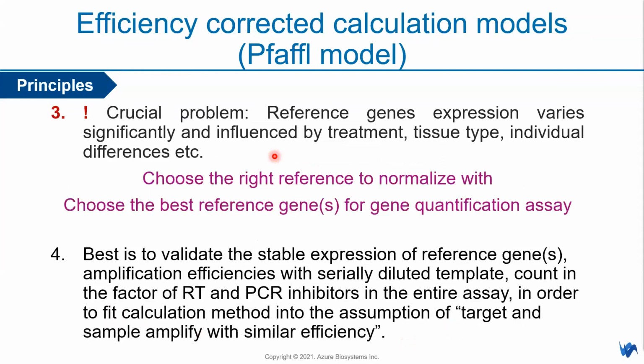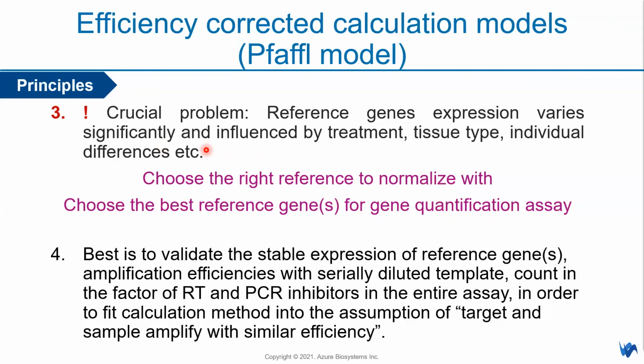One very crucial problem of the efficiency corrected calculation method is that we need to choose the correct reference genes. As we know, there are reference genes available for us to choose from, but sometimes, depending on your experiment or your application, the reference gene expression does vary. They vary significantly and are influenced by your treatment, tissue type, or even individual differences.